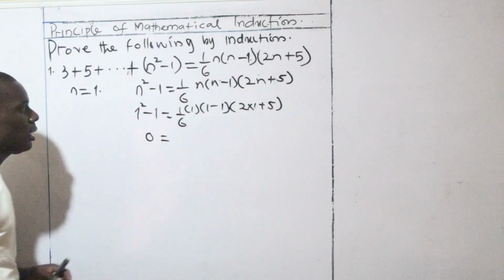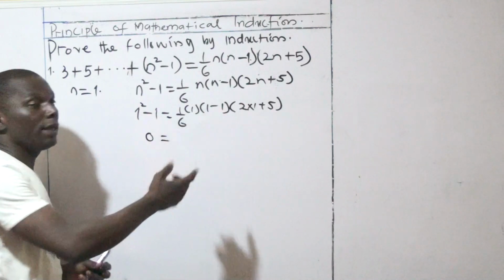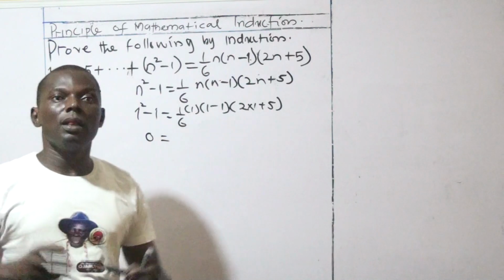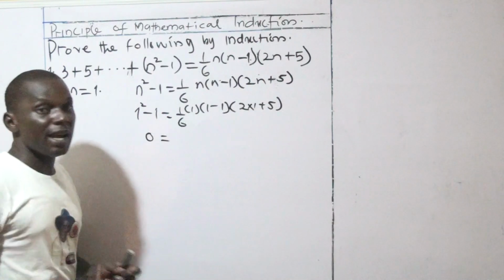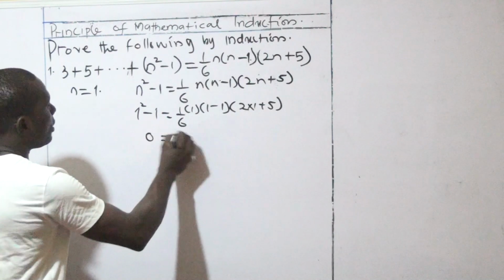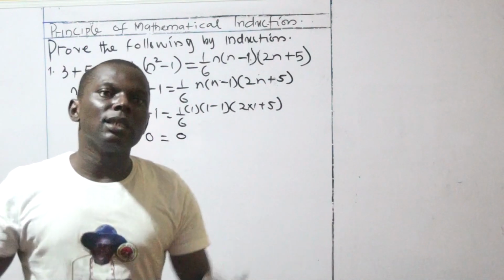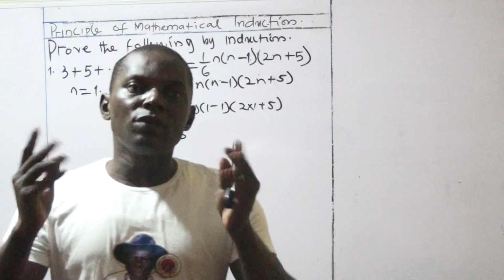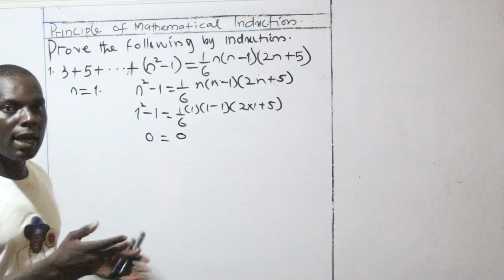On the right hand side, this 1 minus 1 has already killed everything there. 1 minus 1 is 0, and 0 multiplied by everything becomes 0. So we have established that what we are trying to prove is true when n is equal to 1. Both sides are the same.